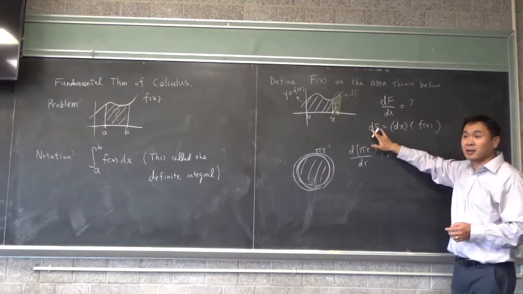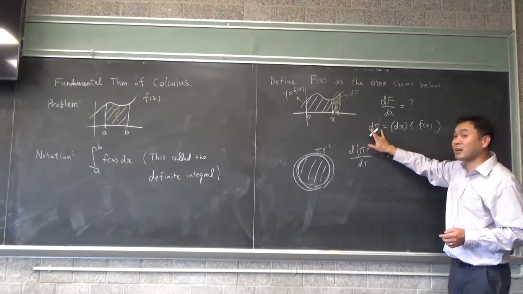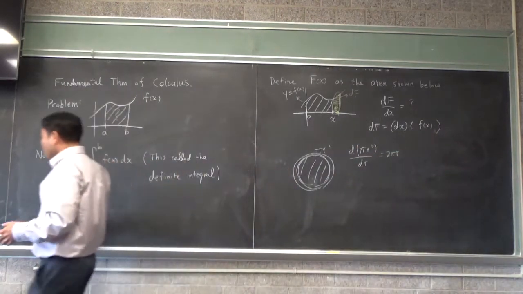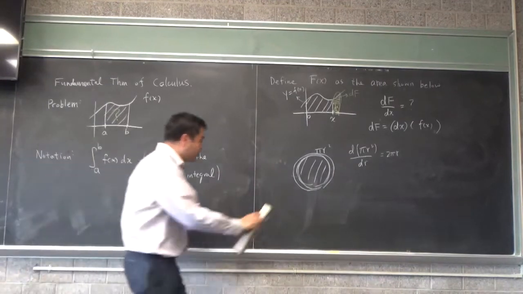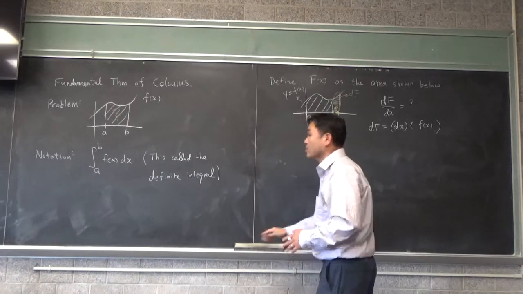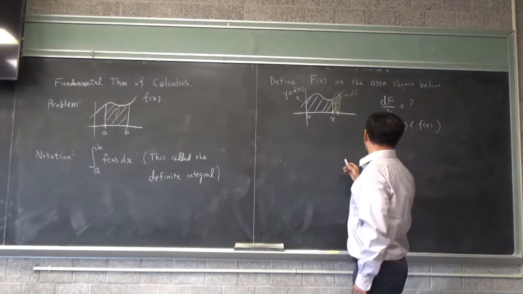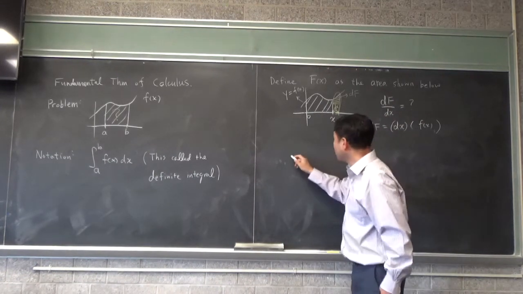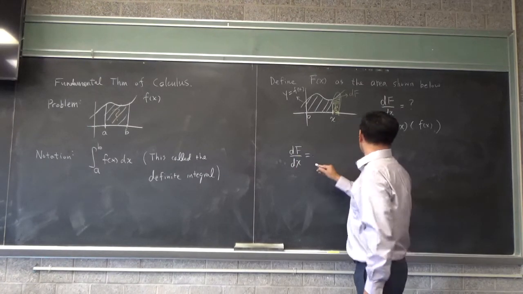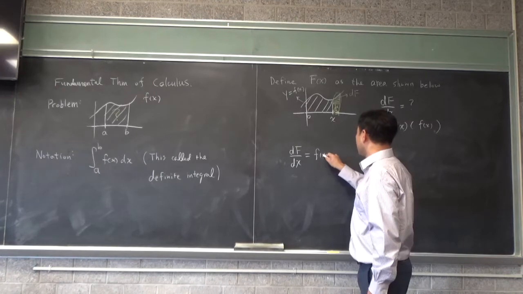Okay? And now you divide by dx, and you get this awesome result, which has a name. So if you divide by dx, then you get dF over dx equals small f of x.